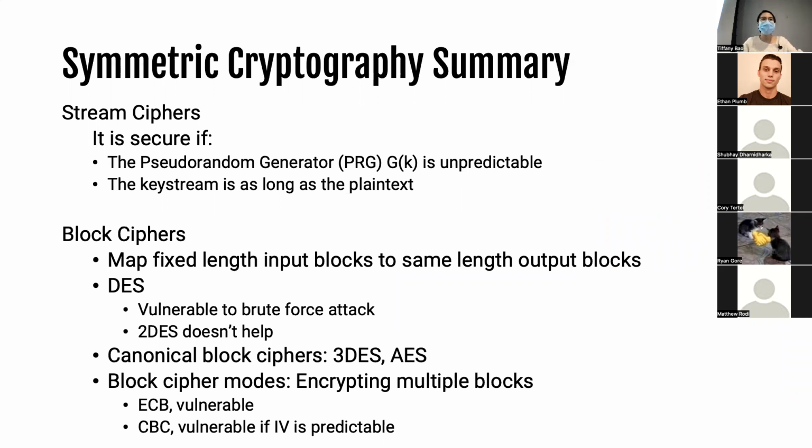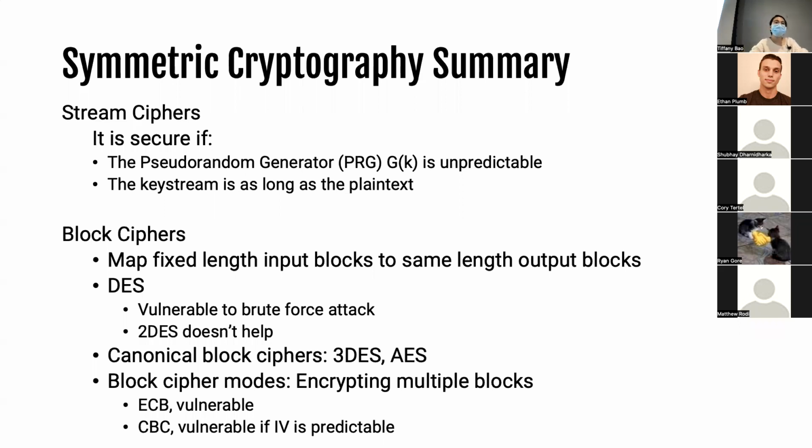Actually, you don't really change the key every time. You start from a key and expand it into something random and not predictable, and then you XOR that with the plain text bit by bit, and you get the cipher text.